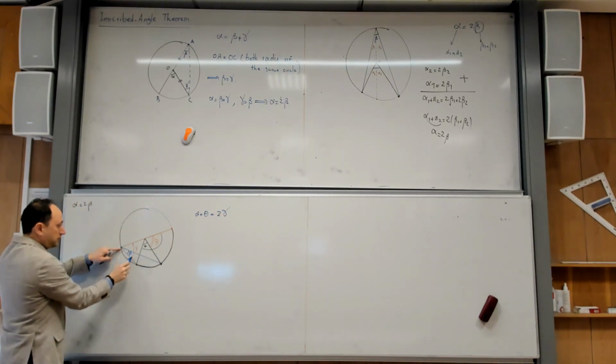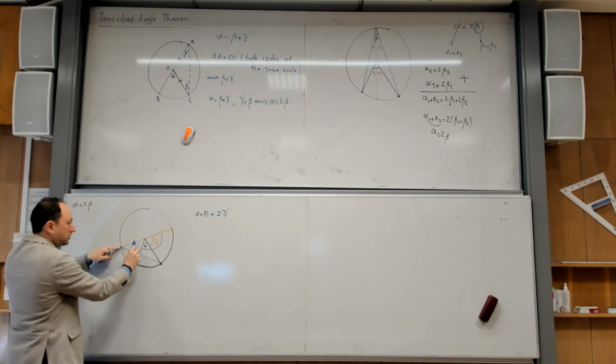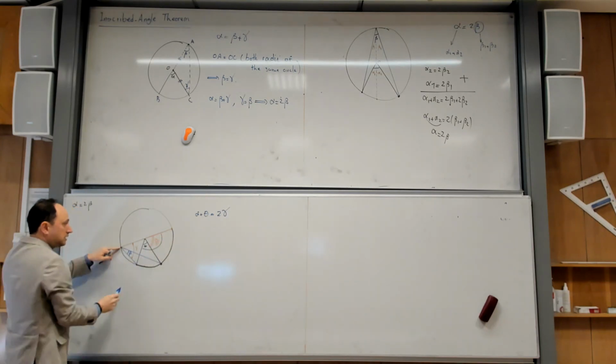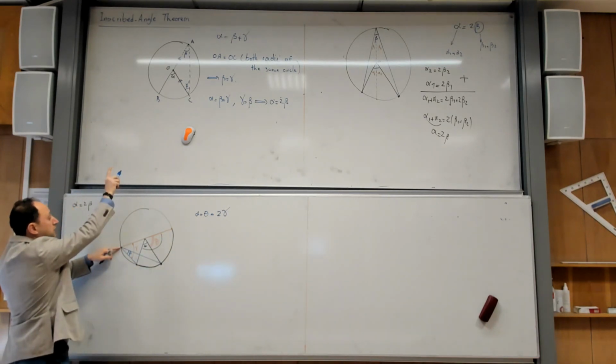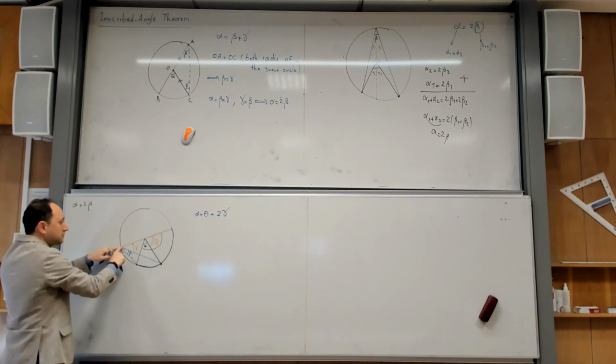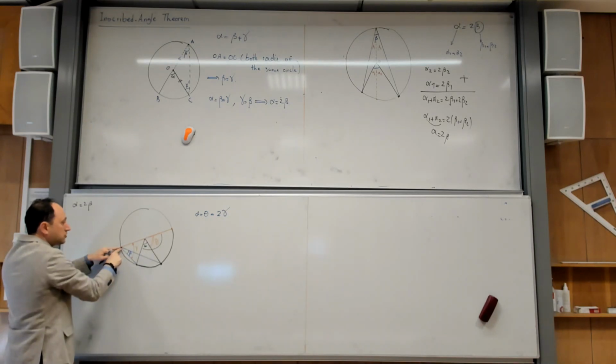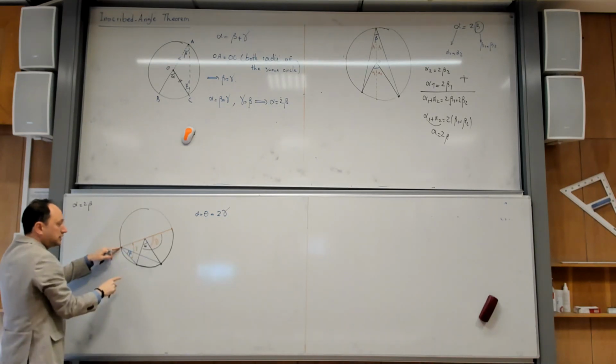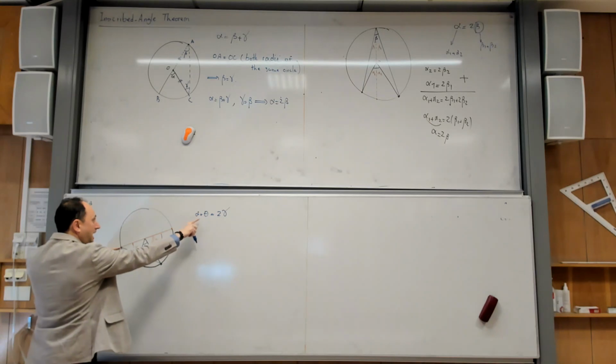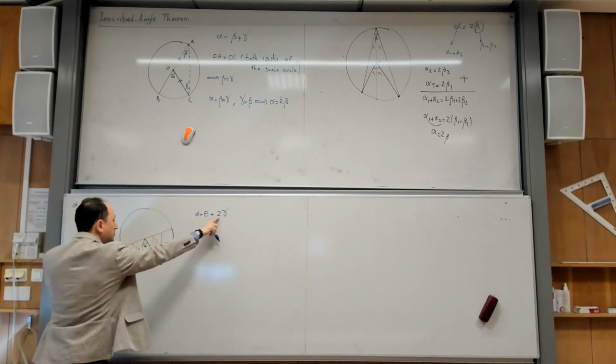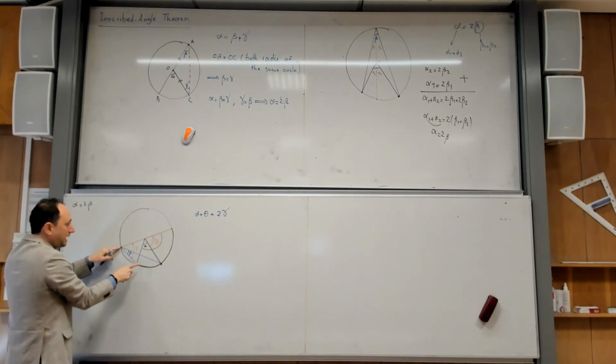So this is gamma, which is an inscribed angle. One leg of my inscribed angle is this blue line, and the other leg is this diameter. Yes? But according to that previous problem, as soon as one of the legs of my inscribed angle is the diameter, I can say that the angle times 2 is the central angle subtending the same arc.